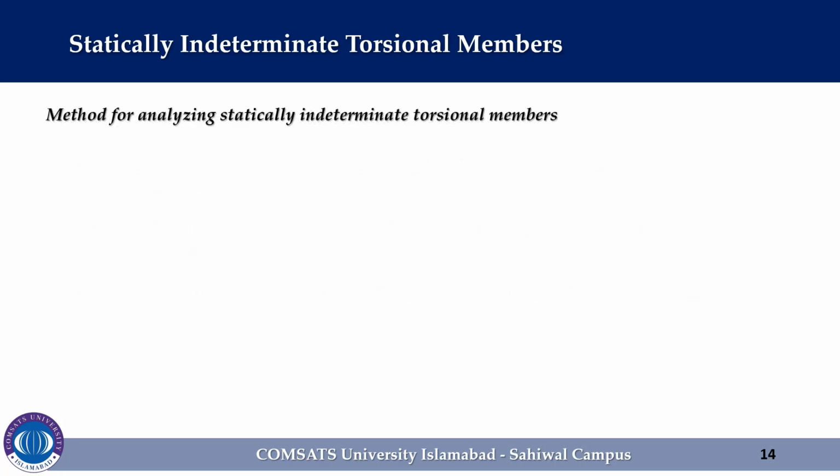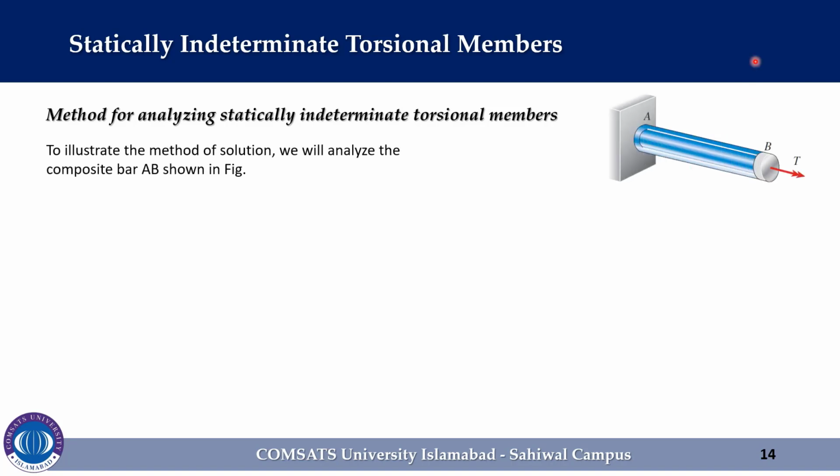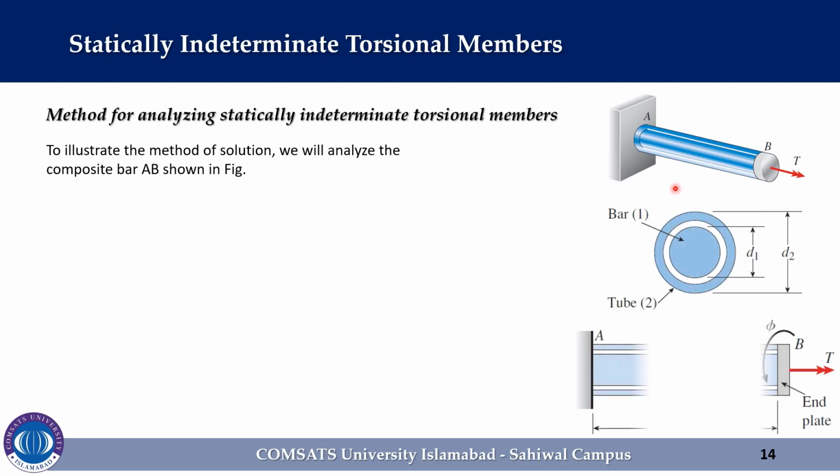To illustrate the method of solution, we will analyze the composite bar AB shown in the figure here. The bar is attached to a fixed support at end A and loaded by a torque T at end B. Furthermore, the bar consists of two parts, a solid bar and a tube, with both the solid bar and tube joined to a rigid end plate at point B. For convenience, we will identify the solid bar and tube by the numbers 1 and 2 respectively.